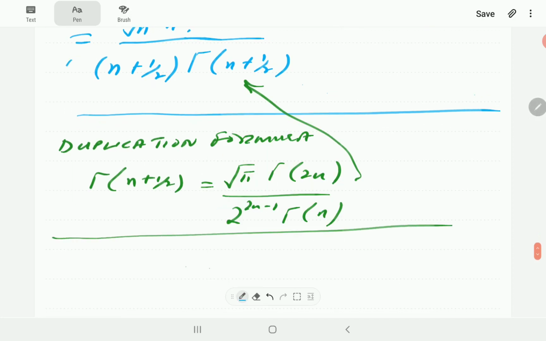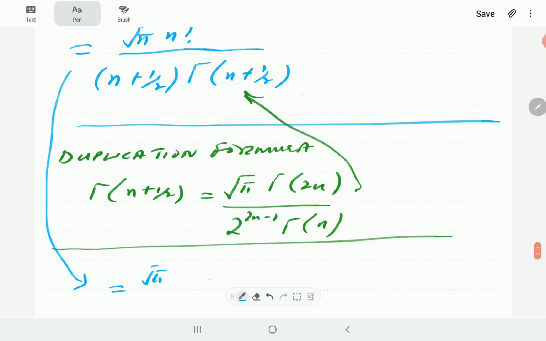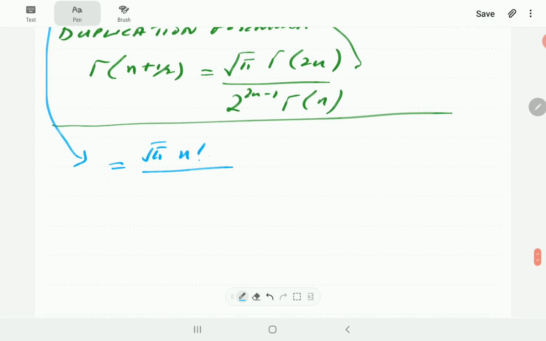So going back to this, that is going to be square root of pi times n factorial divided by n plus half, and then times square root pi, maybe let me just write that one here, square root pi, then gamma function of 2n is 2n minus 1 factorial.